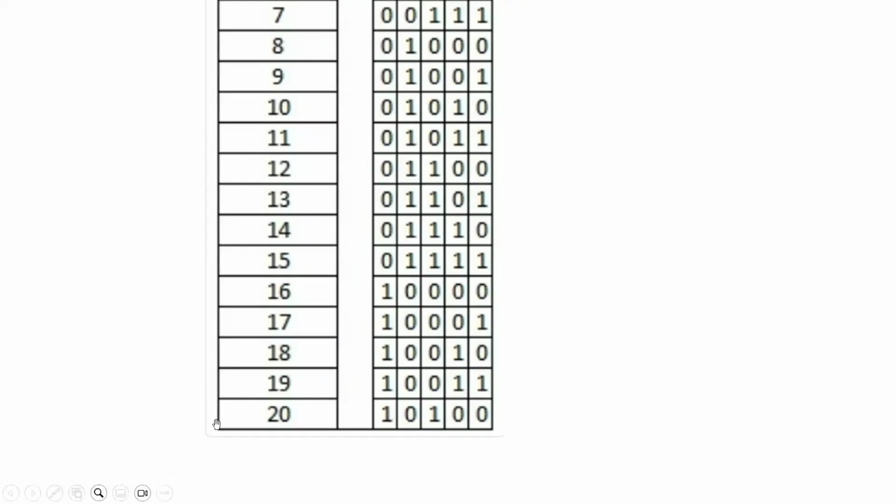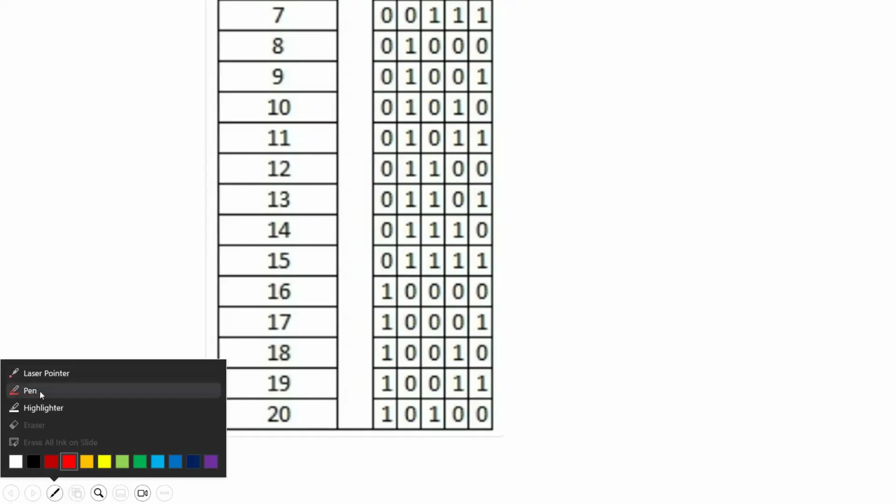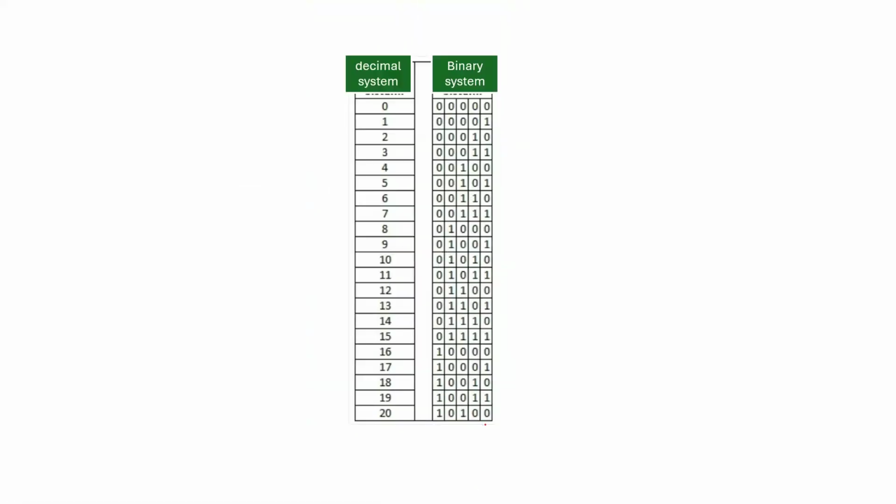Okay. For example, I want to show briefly here: 0, 1, 2, 3 and 4. These are powers, by the way.